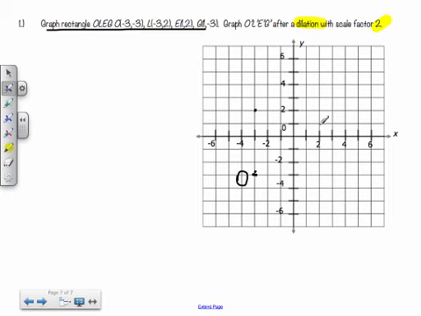I'll also put a dot at 1, 2, and then I'll put a dot at 1, -3. So then I need to make sure that I label my coordinates. So this is L, this is E, and this is G. Okay, and then you need to connect your dots so you have the actual rectangle. So I'm going to go ahead and connect my dots right here so I can have my rectangle.